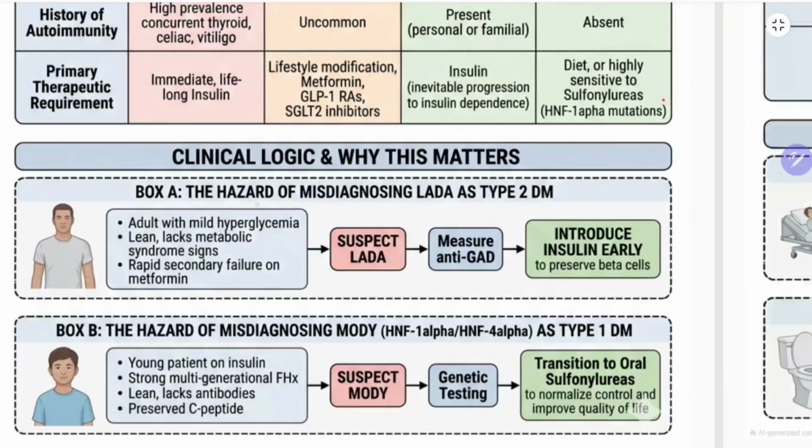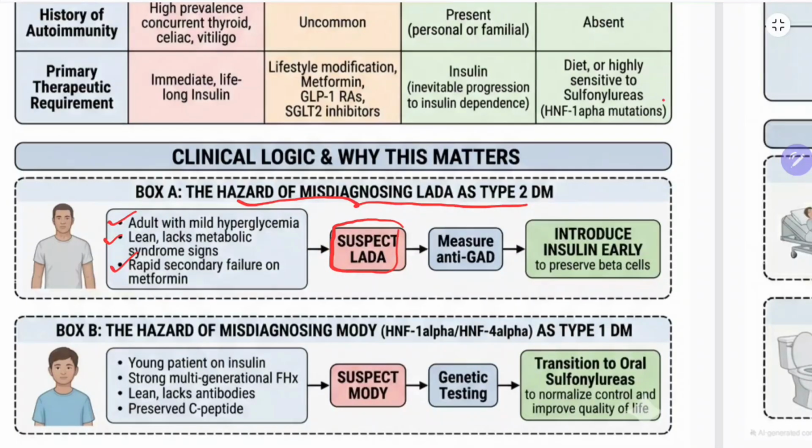So what is the hazard of misdiagnosing LADA as type 2 diabetes mellitus? Adult with mild hyperglycemia, who is lean, lacks metabolic syndrome signs, and has rapid secondary failure on metformin, then you should suspect LADA.